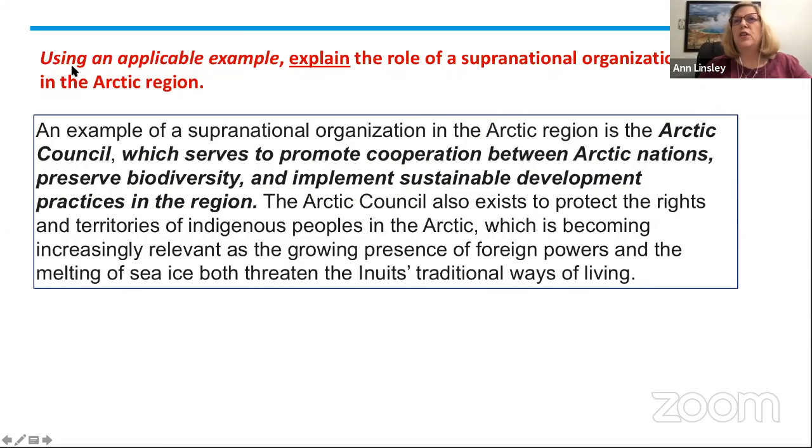All right, now here's a little interesting trick. The question asks you, using an applicable example, explain the role of a supranational organization in the Arctic region. So you have to be in this region. You have to know what a supranational organization is. You're going to explain it. What am I doing with this part? Using an applicable example. Can you think of another word for applicable example?